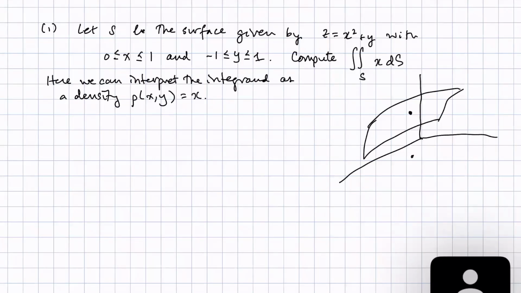So whatever its x value is, that is the density at that point. The surface integral, the double integral of x dS, adds up all of the density, and as a result gives you the mass of the entire object.